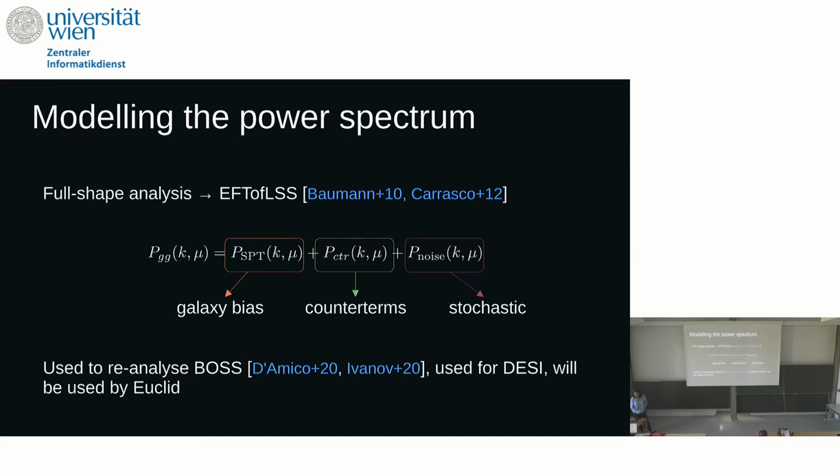But the problem is that this model, when you include bias parameters, counterterms, and noise, has 11 nuisance parameters, plus the cosmology, which is what you actually care about. These nuisance parameters and the cosmological ones are very degenerate, and it's very hard to constrain them. In fact, when one does this analysis specifically for beyond-ΛCDM models, so if one wants to measure, say, evolving dark energy, then you get these projection effects or prior volume effects that I mentioned.